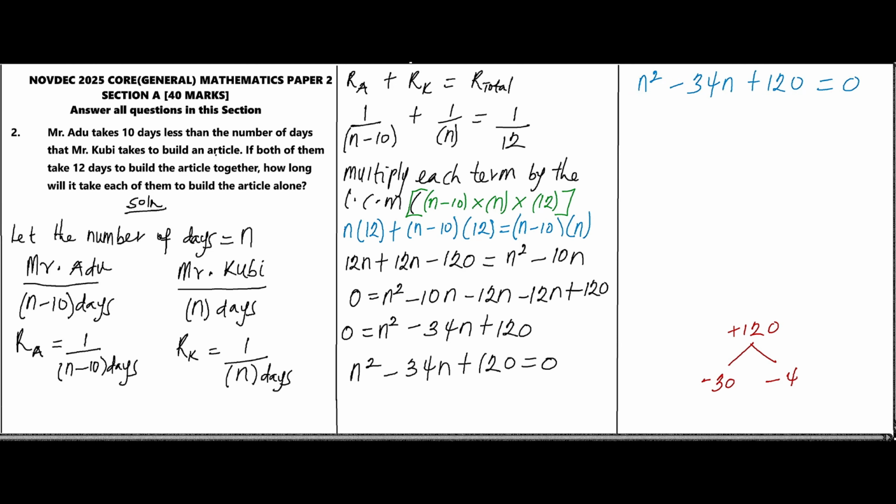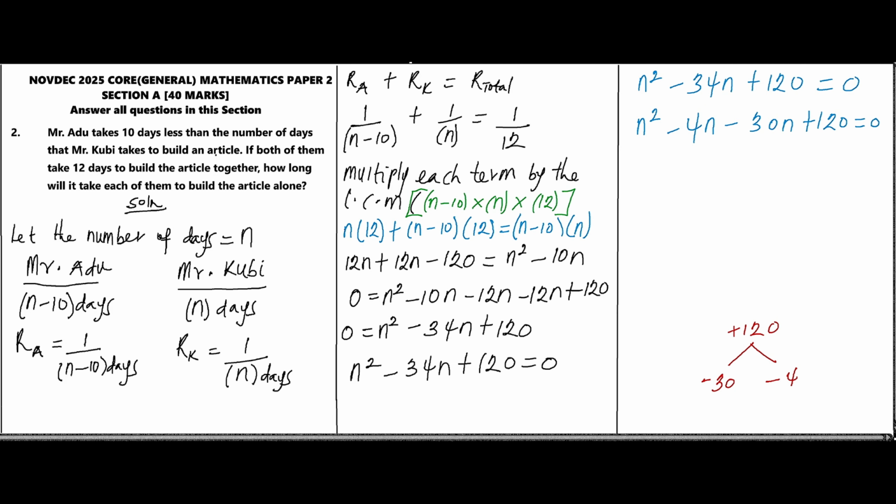So we have n squared, then minus 4n minus 30n plus 120 is equal to 0.